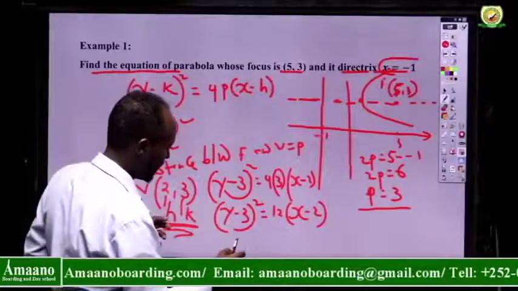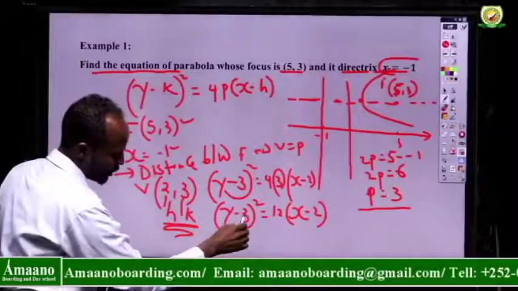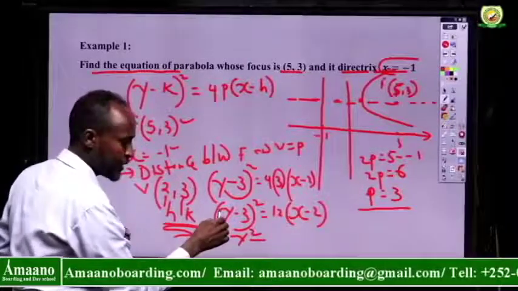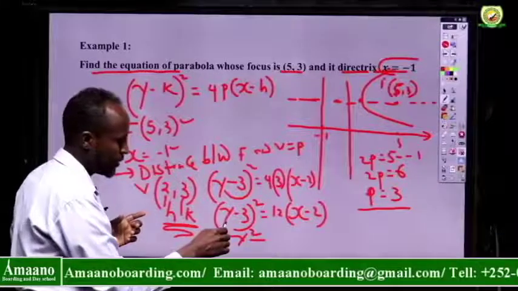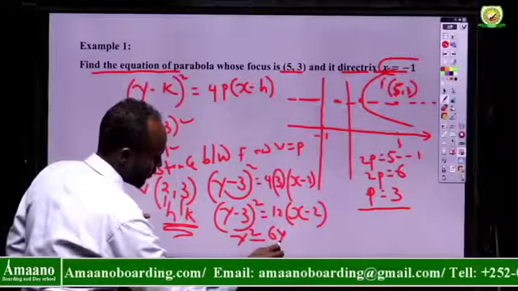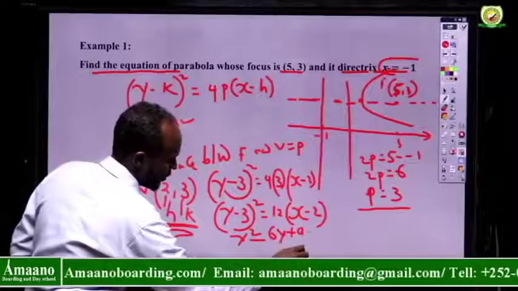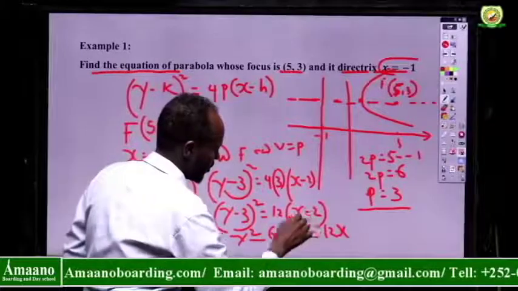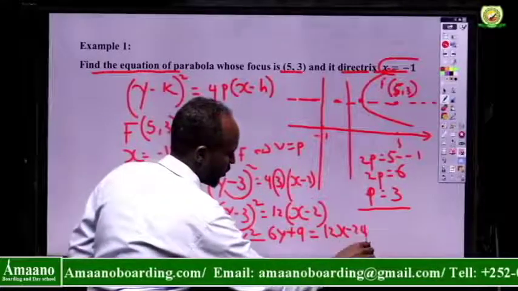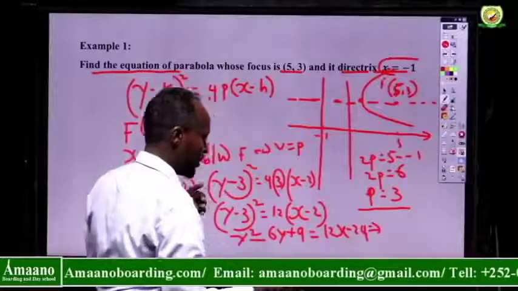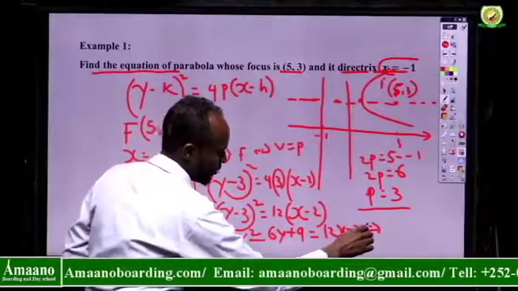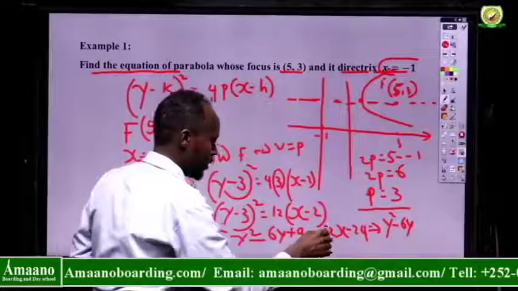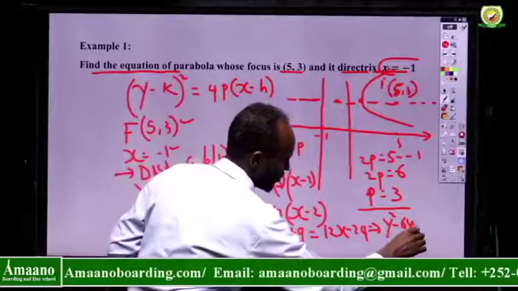Then let us write it in general form. If you square this one, you have y squared, then 2y times 3 by the formula for binomial expansion, that's 6y. 3 squared is 9. This equals 12 times x, that is 12x, and 12 times 2 is 24. If you rearrange this equation, you have this form: y² minus 6y, taking 12x to the other side, it goes to minus 12x.